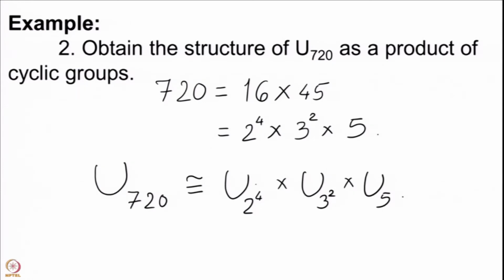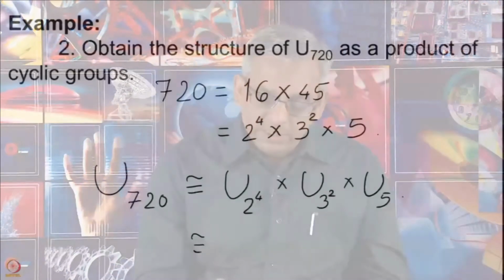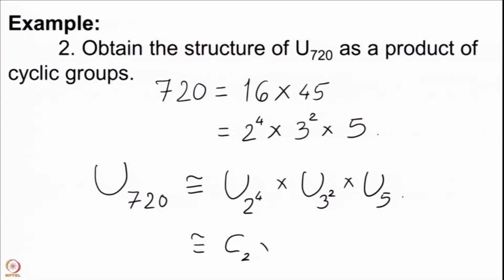But U of 2 power 4, the U16, remember this is the product of 2 cyclic groups, one of them being C2 and then the other is of order 4, because the cardinality of this group is 8, the cardinality here is 6 and the cardinality here is 4.